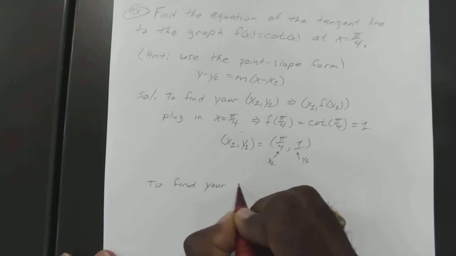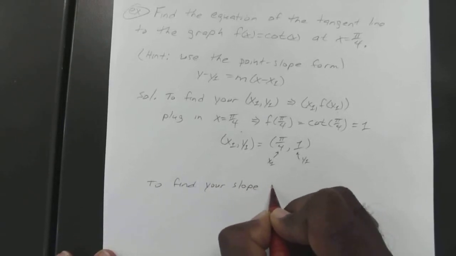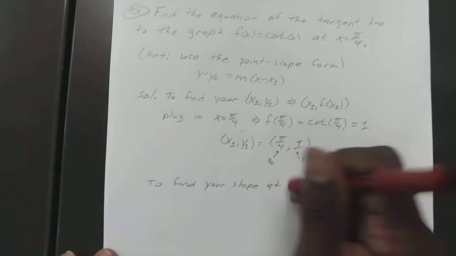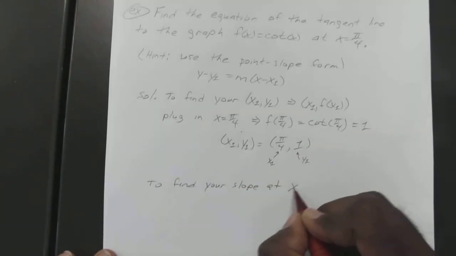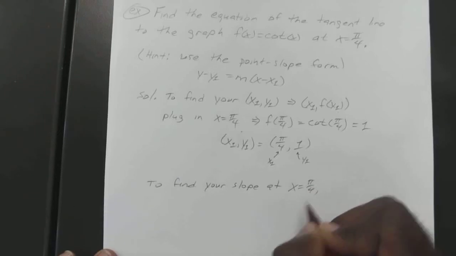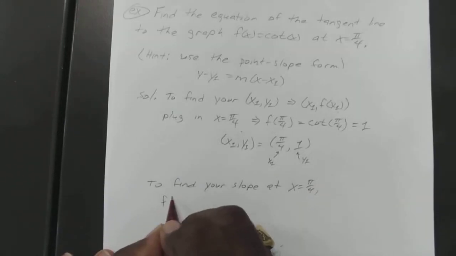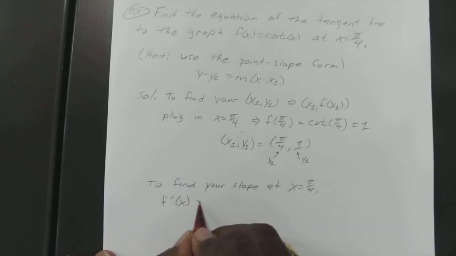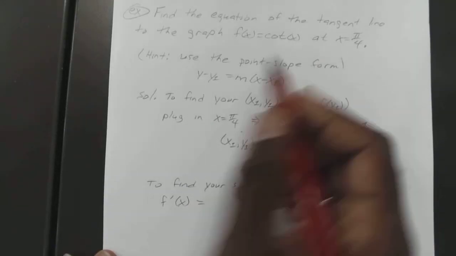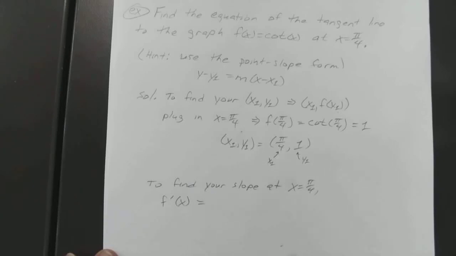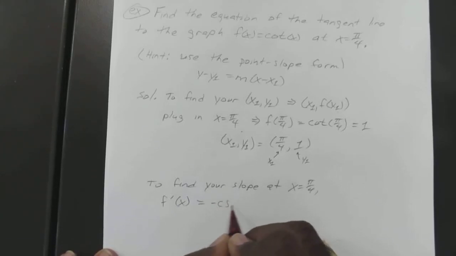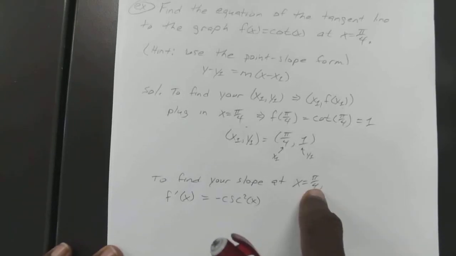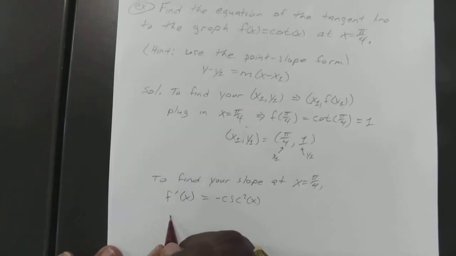Find your slope at x equals pi over 4. Find f prime of x, which is equal to derivative of cotangent. We know that's negative cosecant squared. Okay, so now we just have to find the slope at pi over 4.